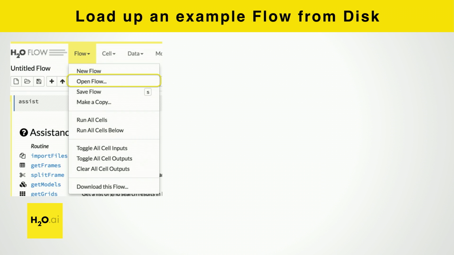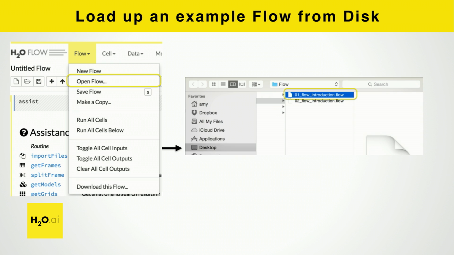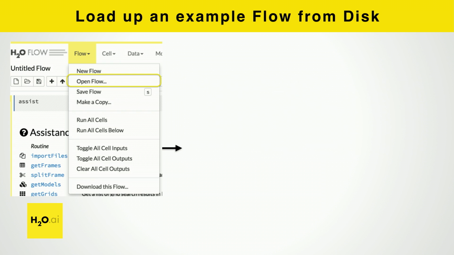So again, through the Flow UI, if you're loading the flow from disk, on the very top there's Flow, Cell, Data. Underneath Flow, you can open up a local flow. Pick the flow from your USB drive or from your desktop if you moved it there, and just open it.